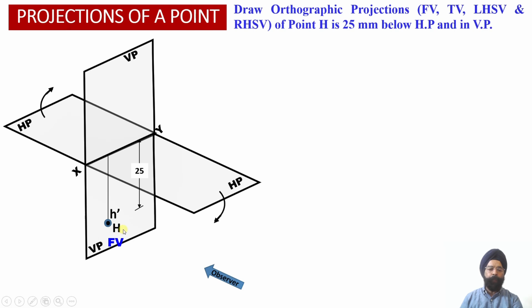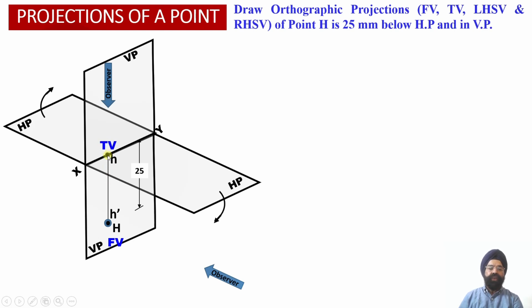So the original point H and the front view projection H dash coincide with each other on the vertical plane below the XY reference line. Now when the observer looks at this point H from the top view orientation, irrespective of whether this point is located in the fourth quadrant or the third quadrant, this point H will be projected onto the XY reference line at this location over here.